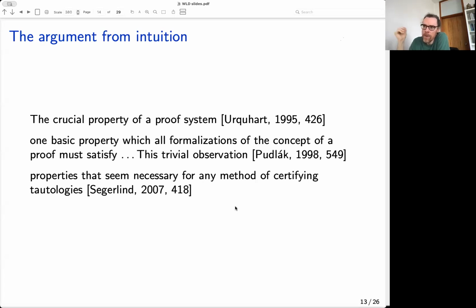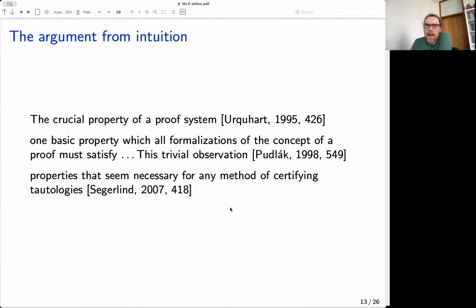The next quote is a basic property which all formalizations must satisfy, and later he refers to this as a trivial observation. Again, the natural interpretation is that it's intuitively obvious. Again, in this other paper, Segerlind talks about properties that seem necessary for any method of certifying tautologies. So that's the second argument: it's intuitively obvious when we think about it that this proof checking procedure should not merely be computable, it should be feasibly computable, or polynomial time.